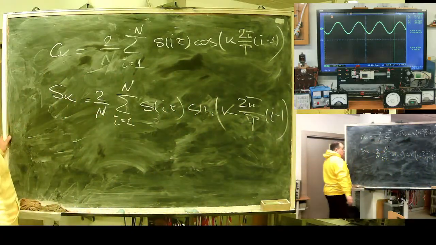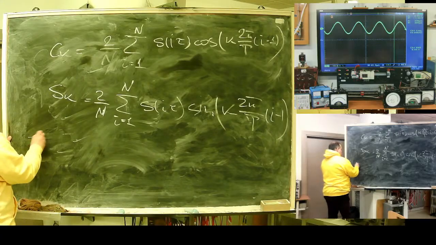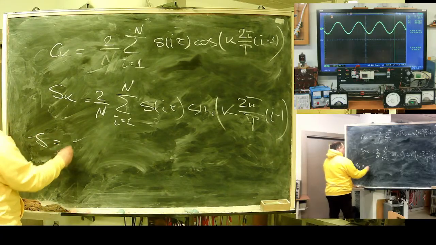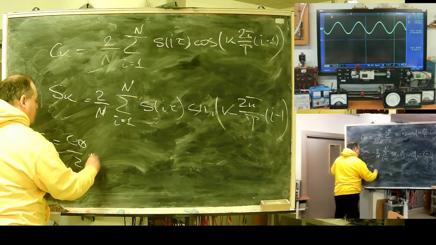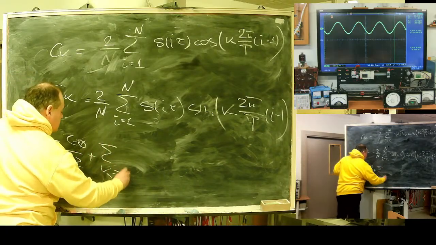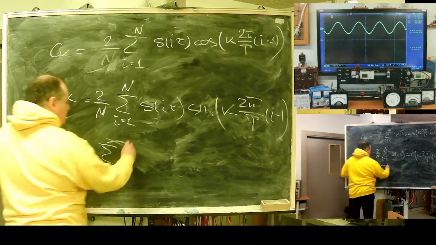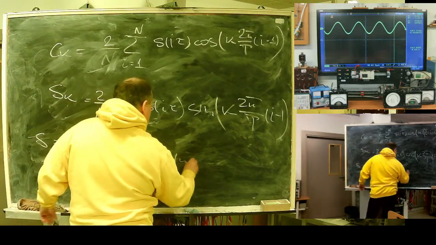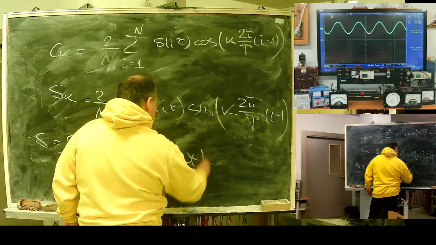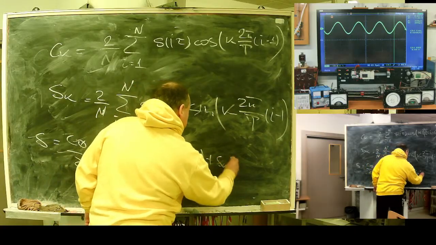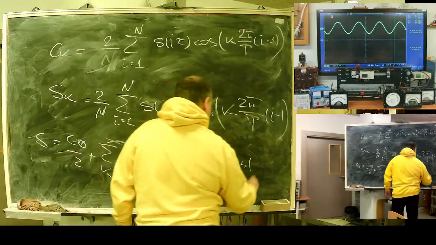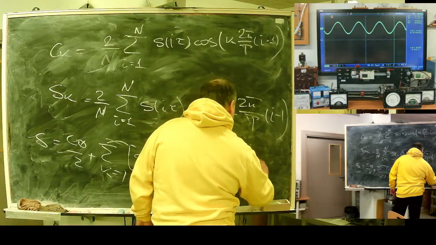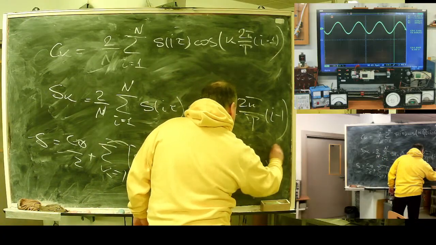Using the Fourier series, your signal is C0 by half plus the sum for K from 1 to infinity of Ck cosine K omega t plus Sk sine K omega t.